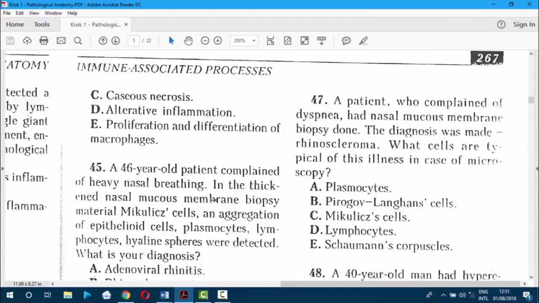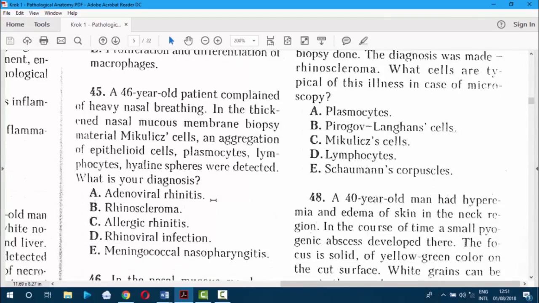45. A 46-year-old patient complained of heavy nasal breathing. In the thickened nasal mucous membrane, biopsy material revealed nucleus cells. This is your guy, nucleus cells. An aggregation of epithelial cells, plasmocytes, lymphocytes, hyaline spheres were detected. What is your diagnosis? Anytime you see nucleus cells, you go for rhinoscleroma.